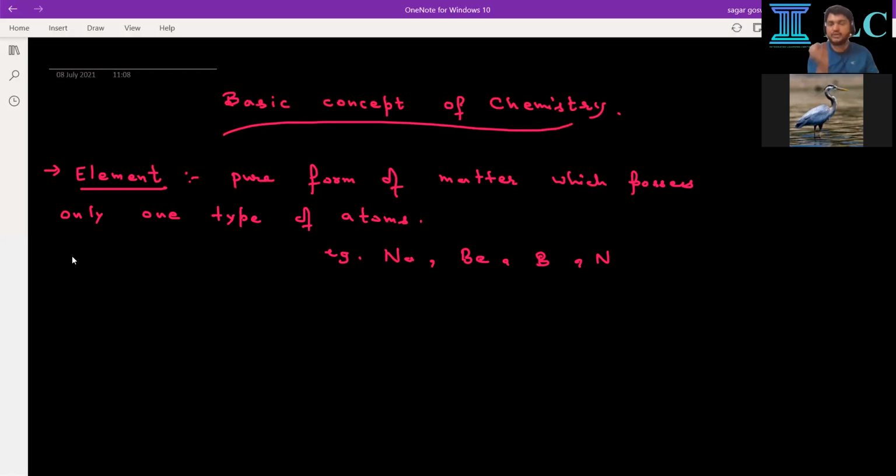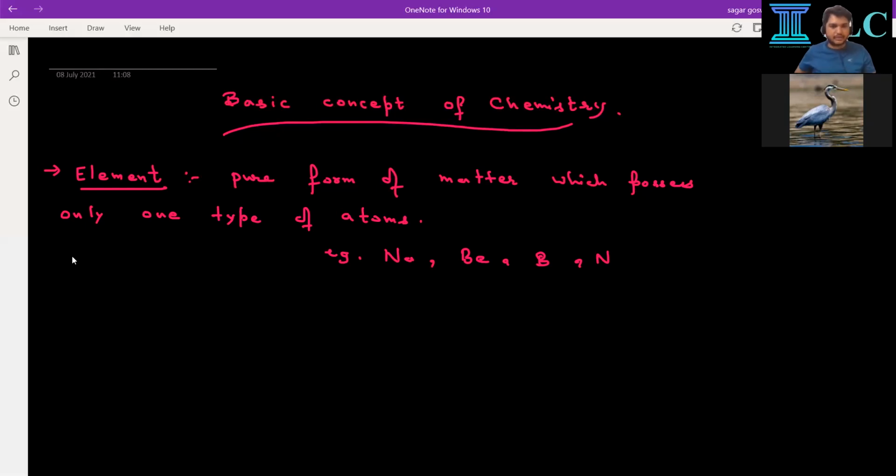Remember always, Vishnu, metals have the tendency to lose electrons. Non-metals have the tendency to gain electrons. And metalloids lie between them. So whenever I say metal, there is an image in your mind: metals are very good at losing electrons, and non-metals are very good at gaining electrons.